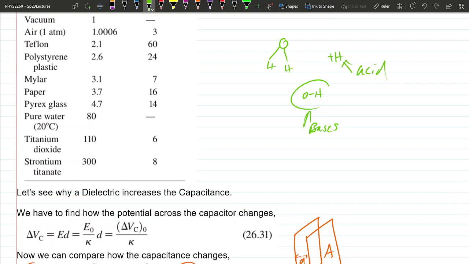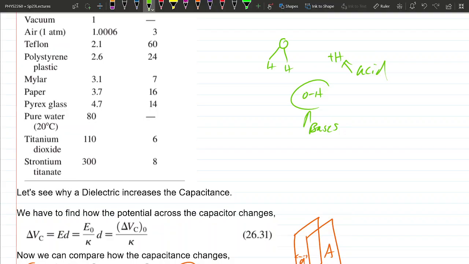These are dissociated, so they have a net positive one charge and a net negative one charge, and the charge can move around. So if you have water with dissociated hydrogen and OH, hydroxide, then they can carry charge around.